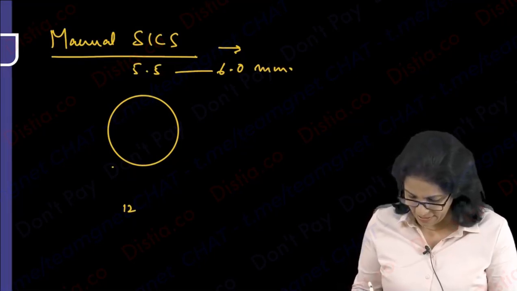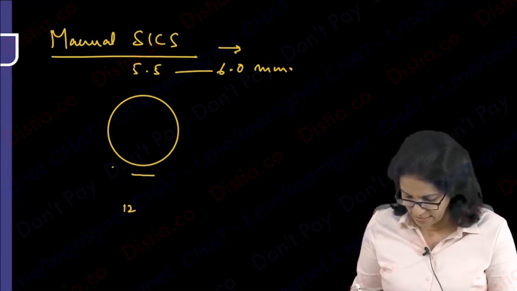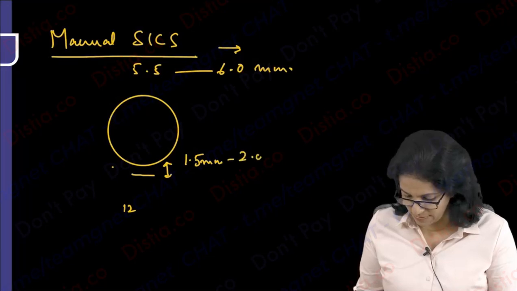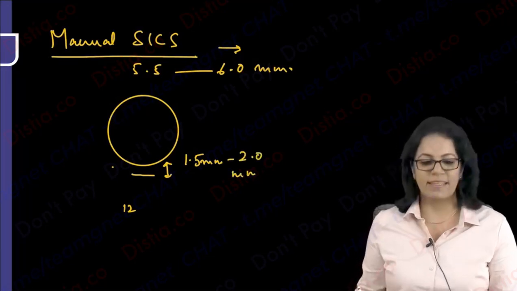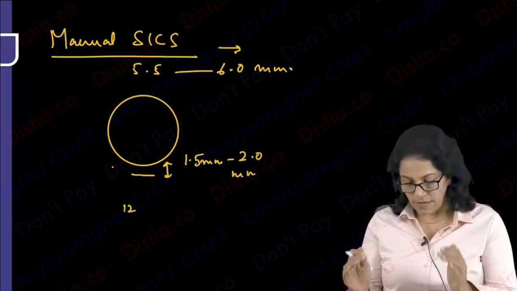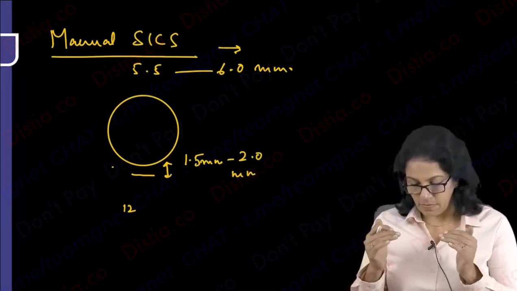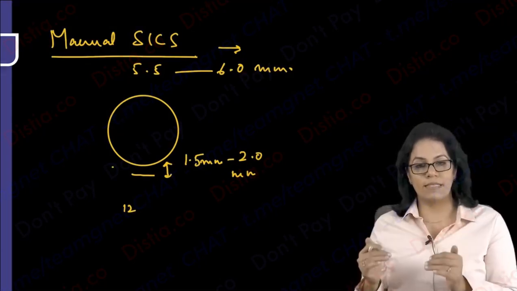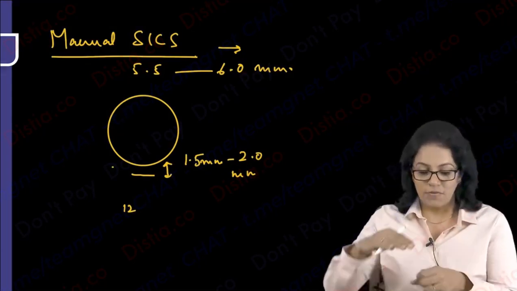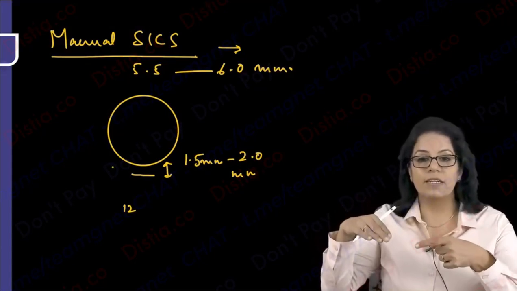I said that the distance between the limbus and this incision is 1.5 to 2 millimeters. When we are giving this incision 1.5 to 2 millimeter behind the limbus, we are giving a partial thickness cut on the sclera.